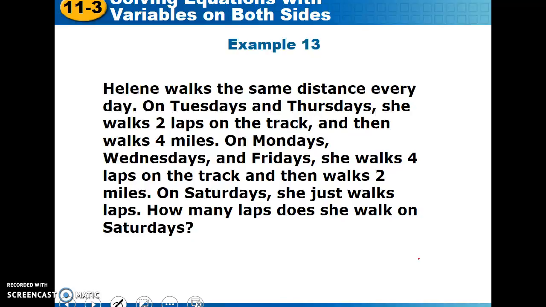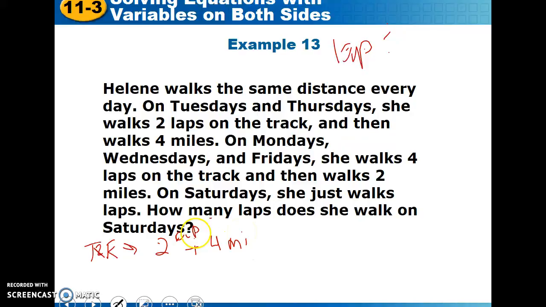Okay, so Helen walks the same distance every day. On Tuesdays and Thursdays, she walks 2 laps on the track. I created a little chart here. We don't know the distance of a lap right now. She walks 2 laps on the track and then walks 4 miles.